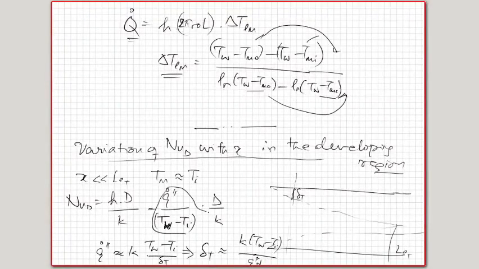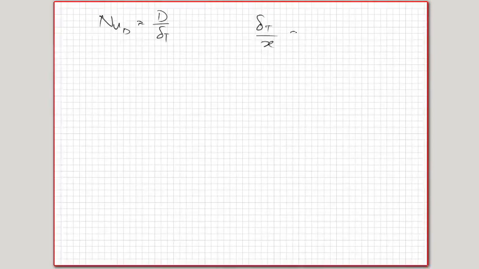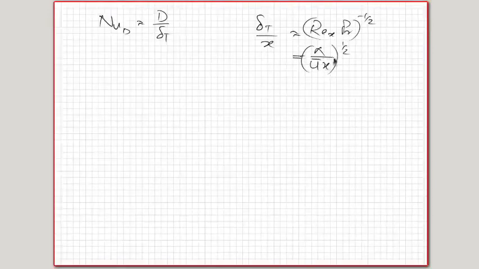So Nu D becomes equal to d by delta T. And if I use the boundary layer results to get the thickness of delta T as a function of Reynolds number, since delta T by x is of the order of Re_x Pr raised to the power of minus half, Re_x Pr would actually be u bar into x divided by alpha, so because it's minus half, I've just inverted this.